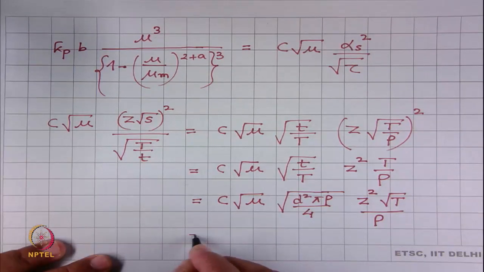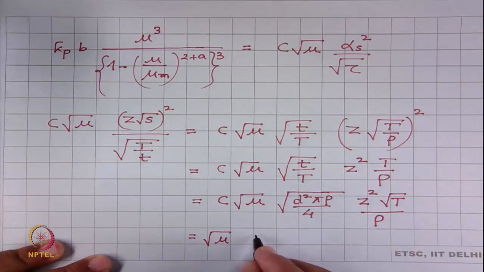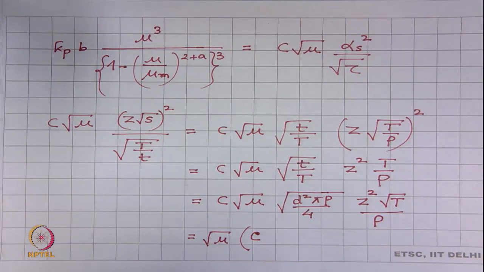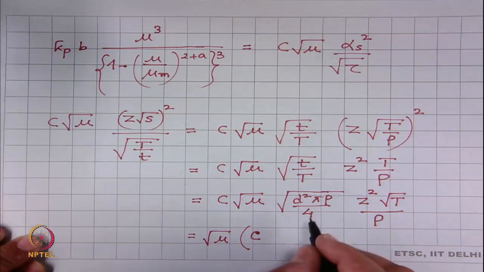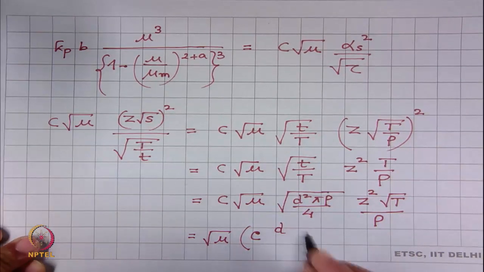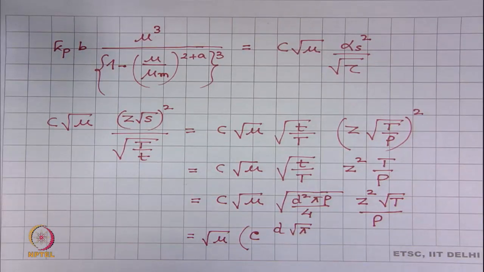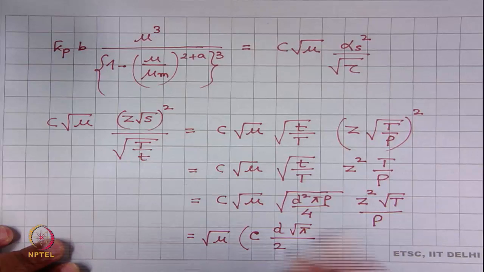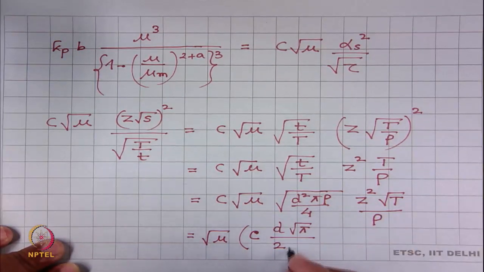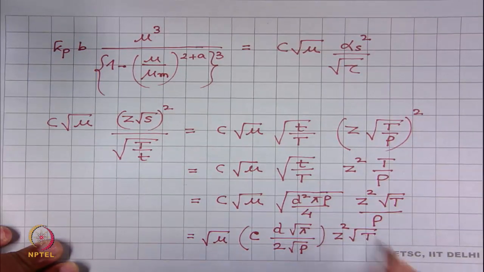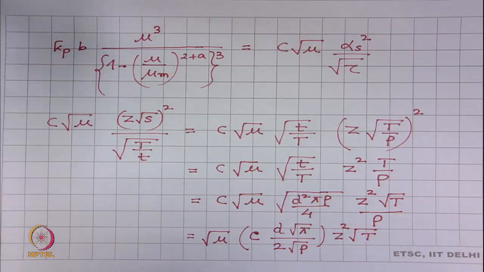So, what we see is that root over mu, then your C, right, then this d will come out of the square root, then root pi will remain there, and 4 square root, that will be 2, and 1 root rho will remain here into z square root t.